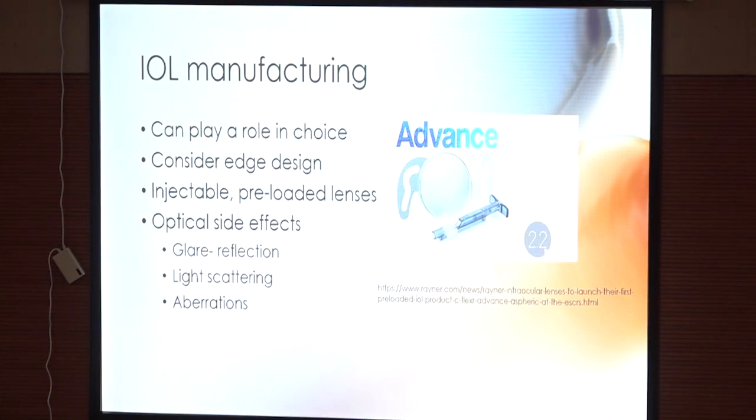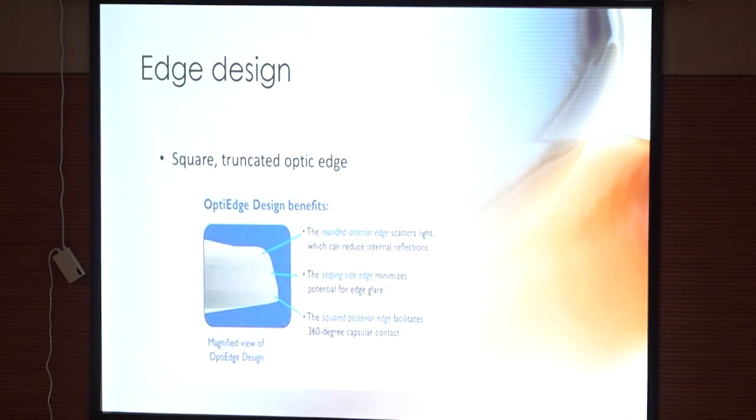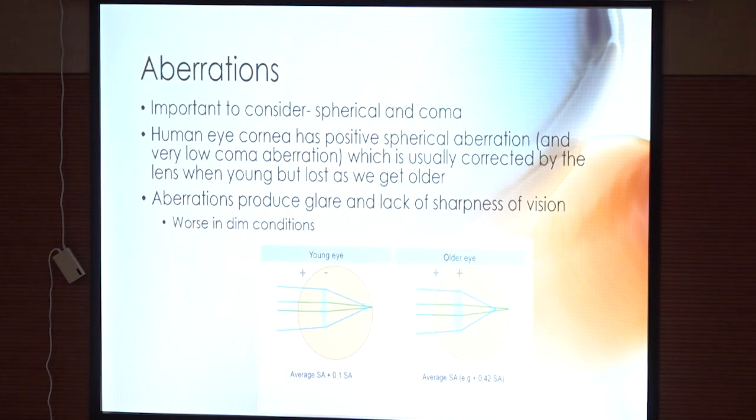Lathe cutting is very accurate, and the OptiEdge design is proprietary to one IOL brand, and that prevents PCO. This is the OptiEdge design. The rounded anterior edge scatters the light and reduces internal reflections, the sloping edge minimizes glare, and the square posterior edge facilitates 360-degree capsular contact and prevents PCO.